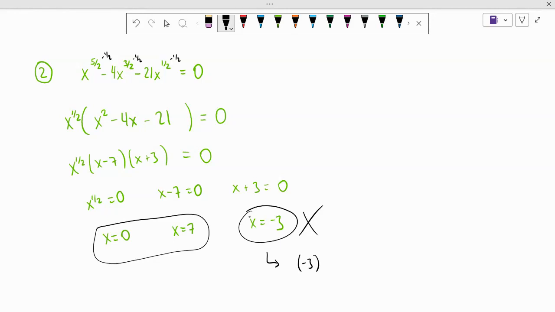So if you try to plug -3 in for x and then raise it to a power of 1/2, remember this is like square rooting a negative number, which at least in your Calculus 1 and Calculus 2 courses, we don't consider as a possibility.